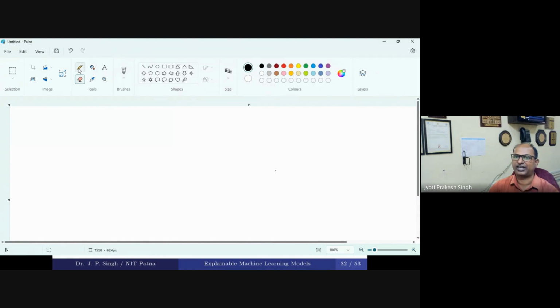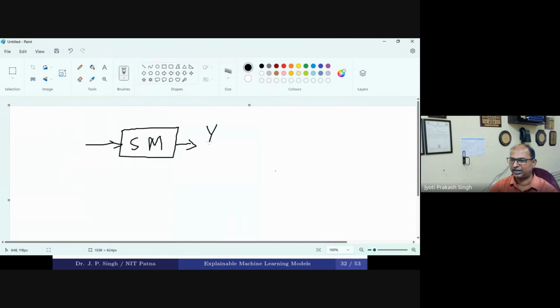Now what I was saying is, I'm going to create a surrogate model. Now for this surrogate model, I need an input, and obviously I need a target variable.